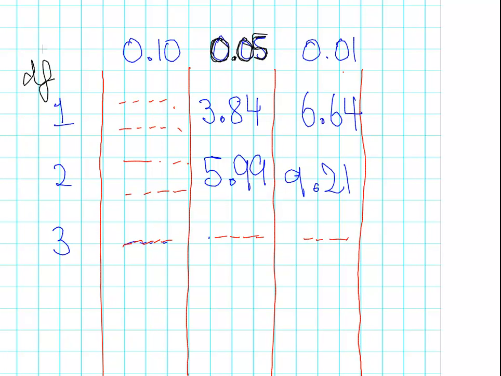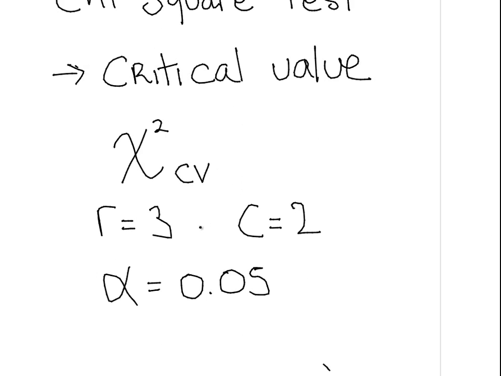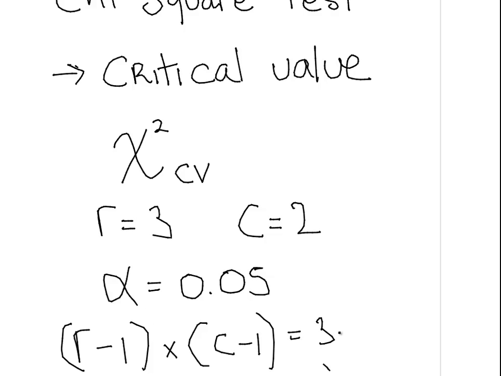For this example, the degrees of freedom is R minus 1 times C minus 1. In this case, that's 3 minus 1 times 2 minus 1. 3 minus 1 is 2. 2 minus 1 is 1.